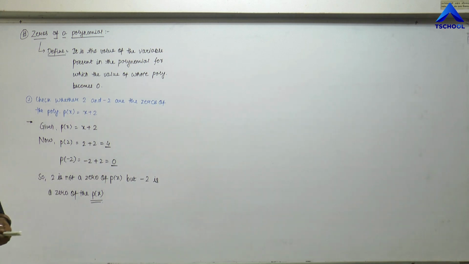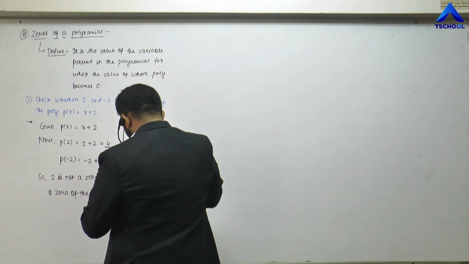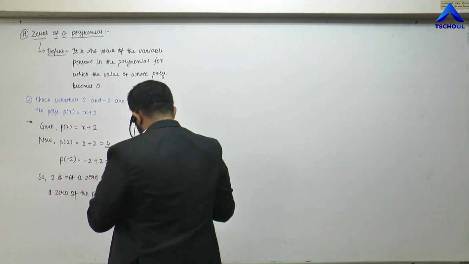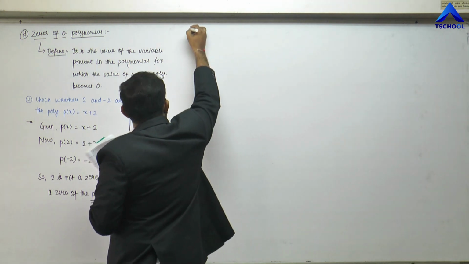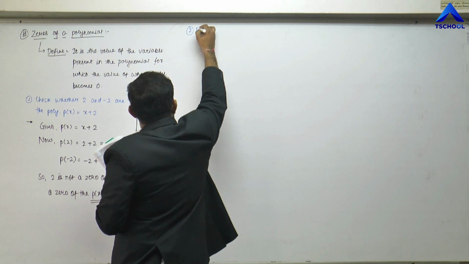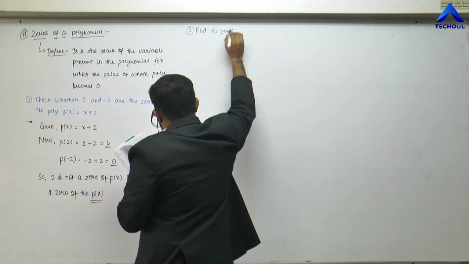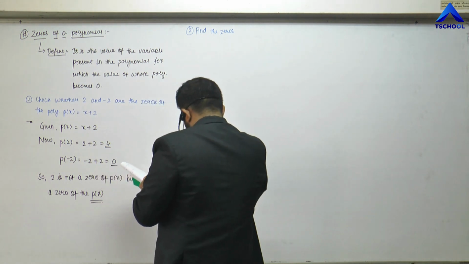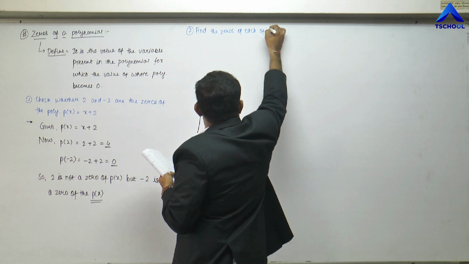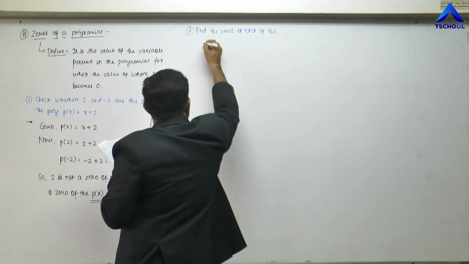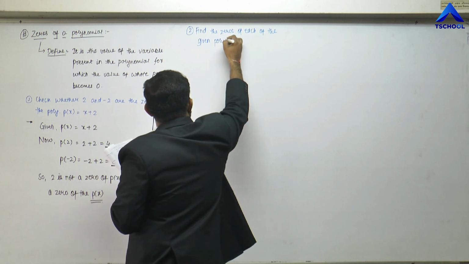Now let us quickly see how to find out the zeros. In the next question we are going to see how to find out the zeros, and then we shall practice some of the questions. So second one, find the zeros of each of the given polynomials.